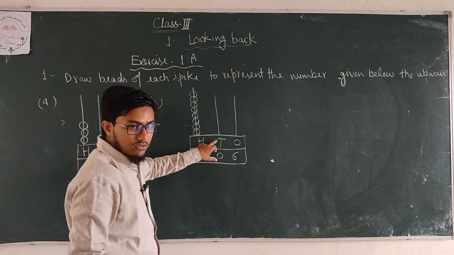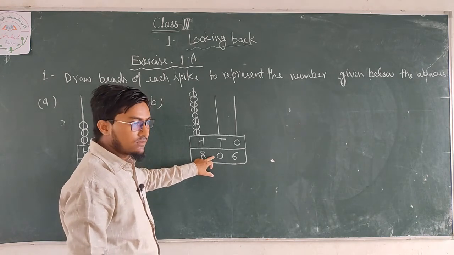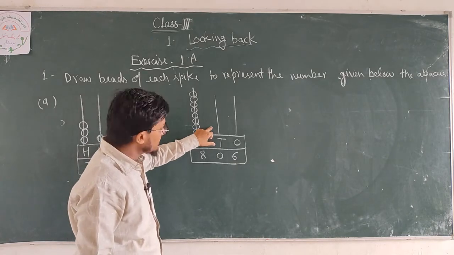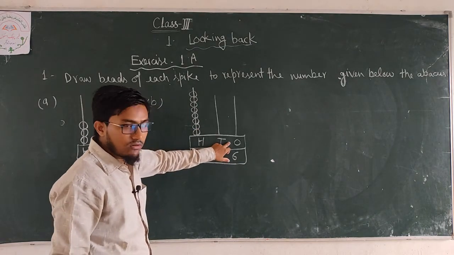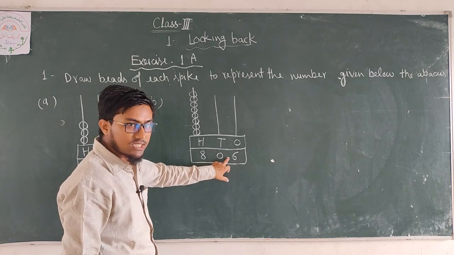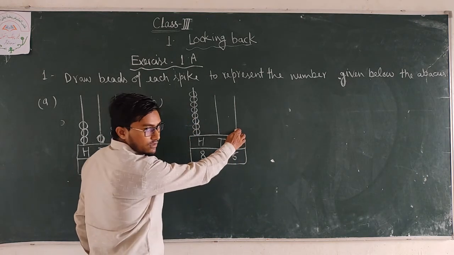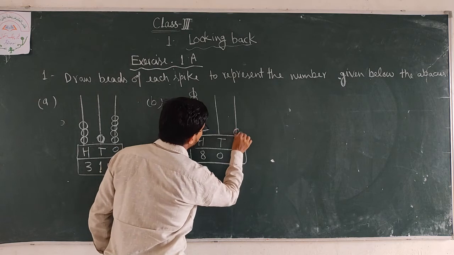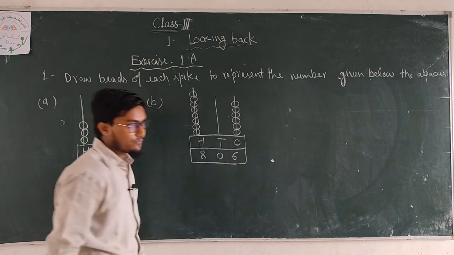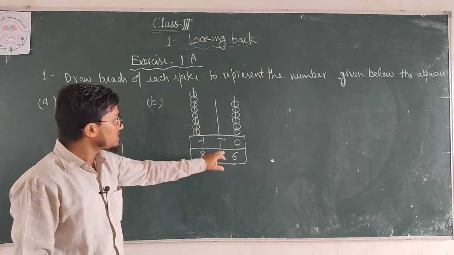On the tens position, how many numbers? 0. Then we cannot draw any beads on this spike. So we go to the ones position, where the number is 6: 1, 2, 3, 4, 5 and 6.